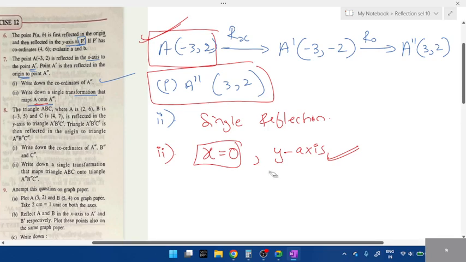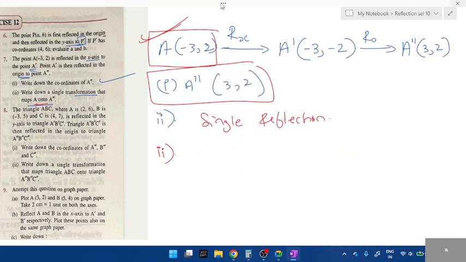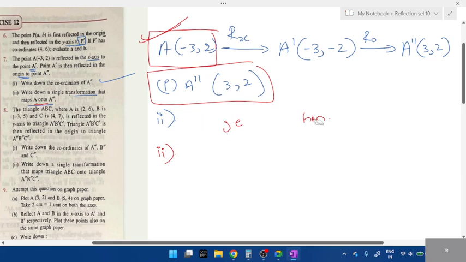So what's the answer? Answer is Y axis. So those who didn't understand, I'll repeat again. Write down a single, sorry, not reflection, single transformation, students. So single transformation from which one to which one?